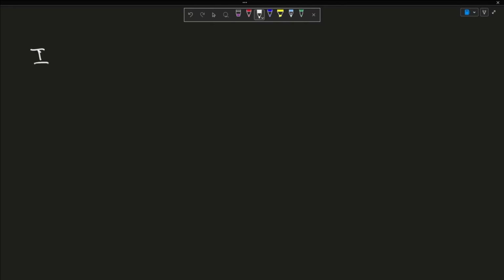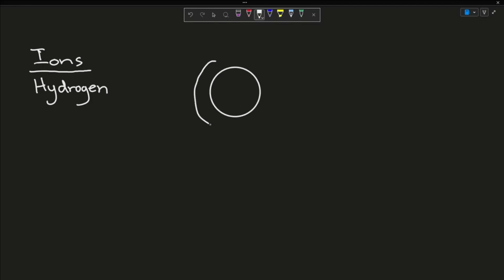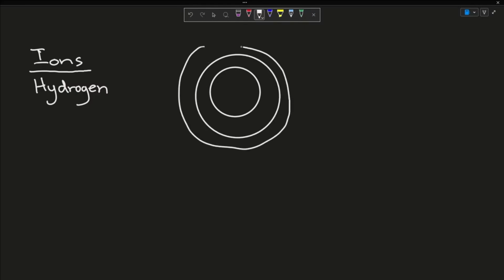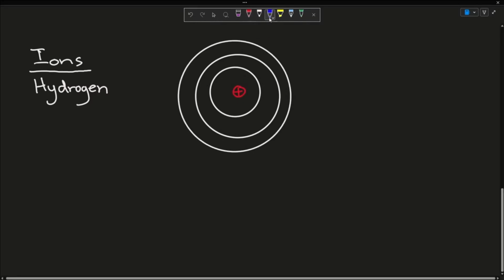So we have ions. We're going to use hydrogen as an example again, because hydrogen is the most basic atom. So we take our model that we have already. We have one proton in the nucleus and one electron in the first distinct energy level.